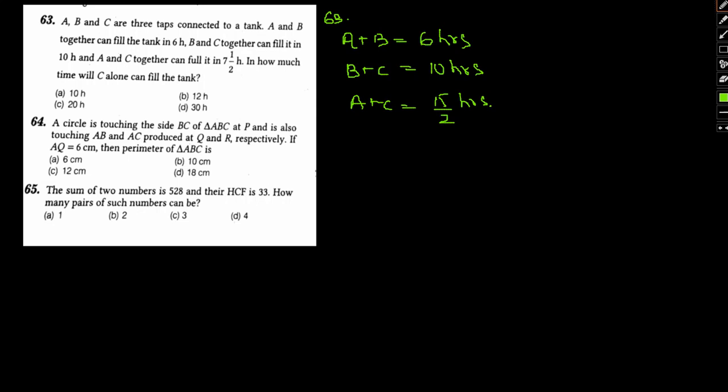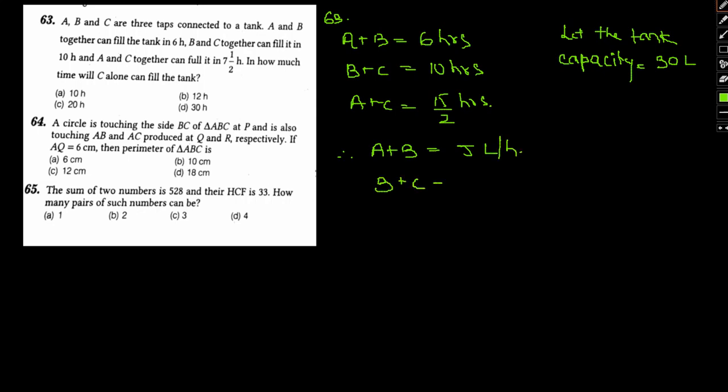So let me assume the tank capacity to be 30 liters. Therefore A plus B will be 30 by 6, that is 5 liters per hour, their efficiency.